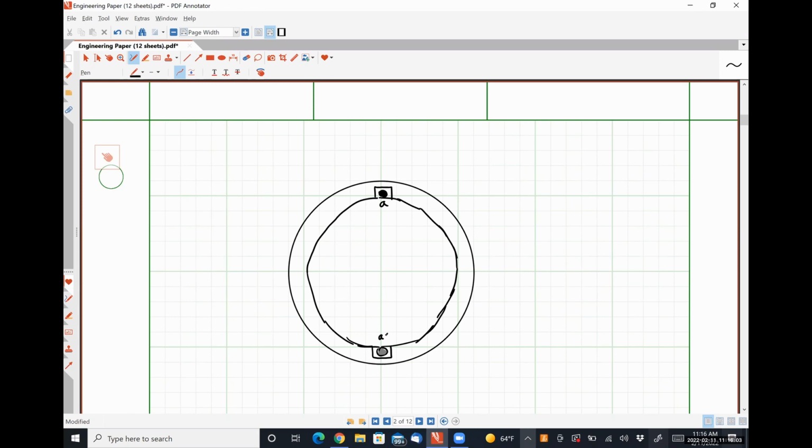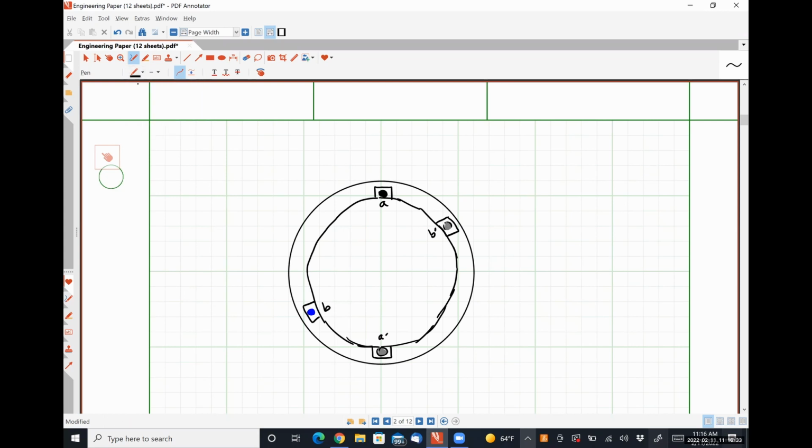120 degrees physically out of phase, somewhere around here, we are going to have B, where B is going to be blue. 180 degrees out of phase with that, we're going to have B prime, which is going to be gray.